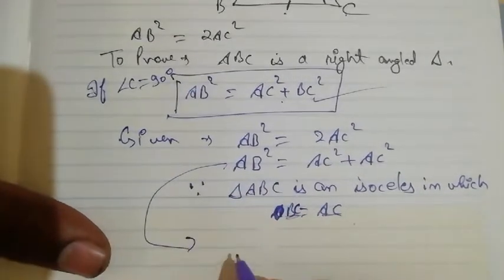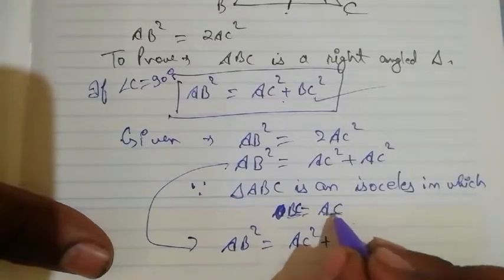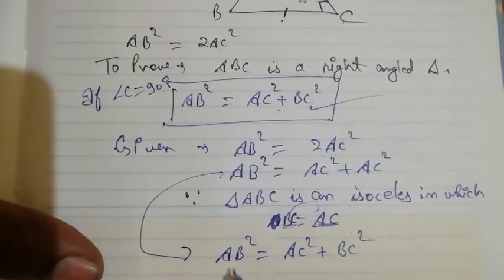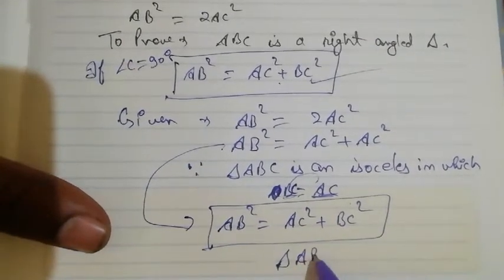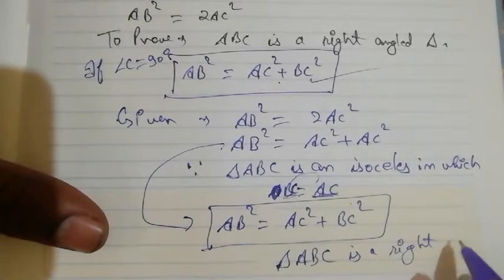So now this will become AB square is equal to AC square plus, in place of AC, we will write BC square. From this we can say that triangle ABC is a right angled triangle.